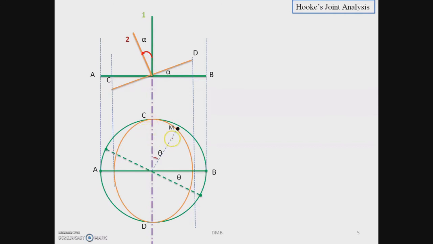So to get the actual displacement of fork CD, we project point M on the ellipse on the true circle. So we project the point on fork CD, then on the diameter AB, and back to the true circle. So angle phi will give the true angle turned by the shaft 2.